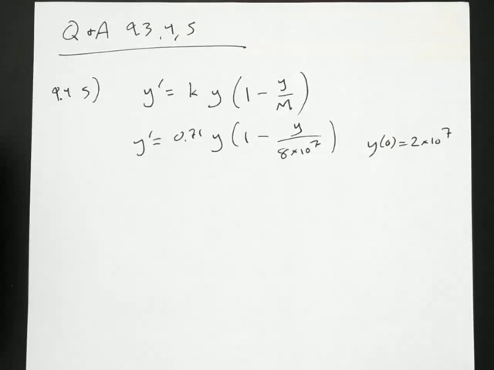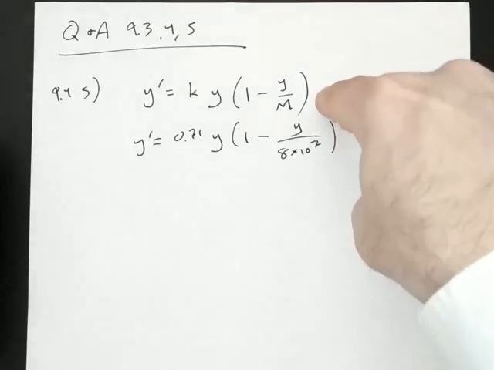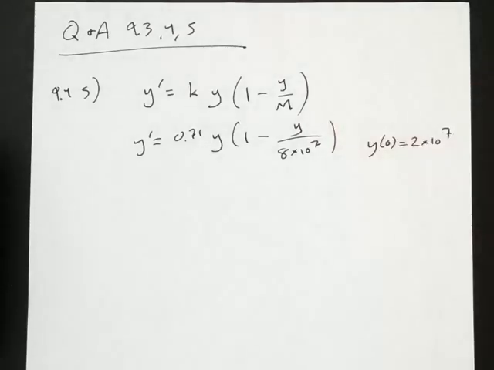Well, I have a distinct advantage. If I know this is the setup for the equation, I know what the answer is supposed to look like. What's the solution that we went through on Monday when I do a logistic differential equation?